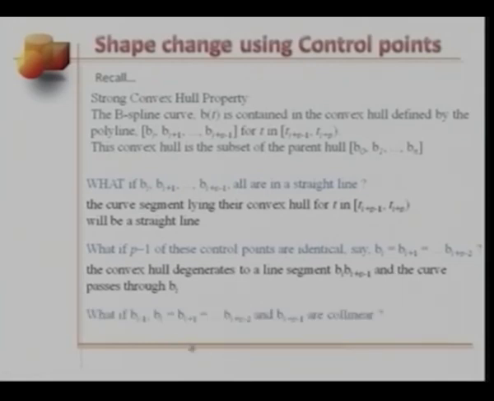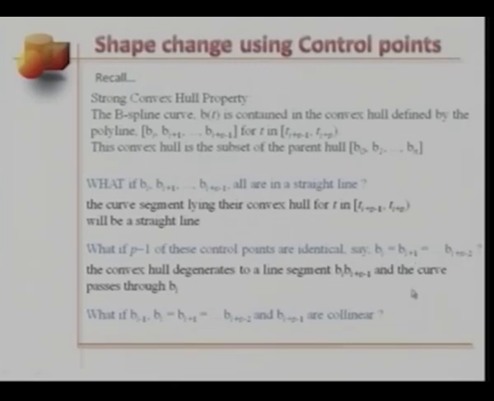Now what if b_{i-1}, b_i equals b_{i+1} equals b_{i+p-2}, and b_{i+p-1} are collinear? Now try to understand the difference here between these two cases. Here we have said that p minus 1 of the control points or the design points are the same.